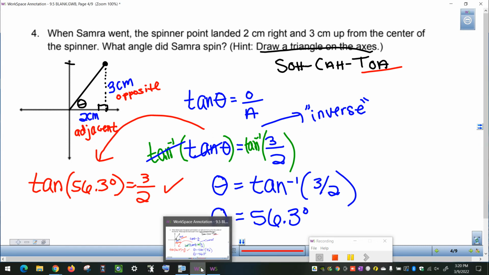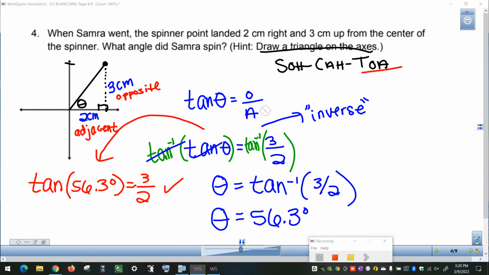Okay, so for this question, there's actually one more little piece that I'm going to write off to the side here that's going to connect this process with a slightly different way that your directions may be given to you for a problem such as this. So instead of the problem telling us that the spinner landed like 2 centimeters to the right and 3 centimeters up from the center, it might say something like this instead.